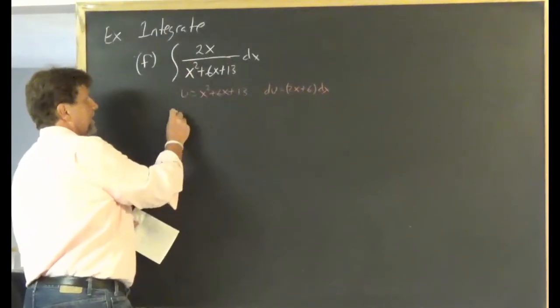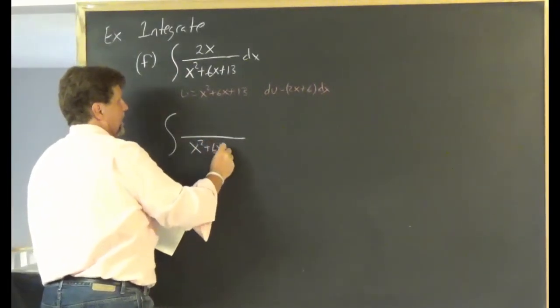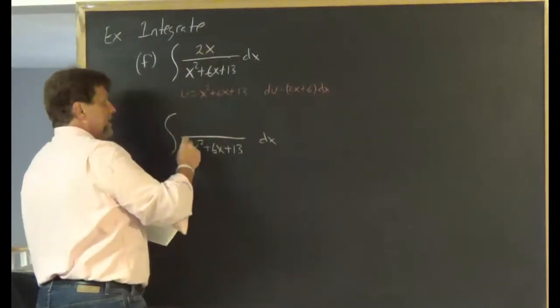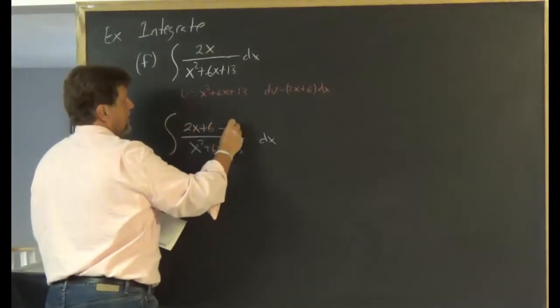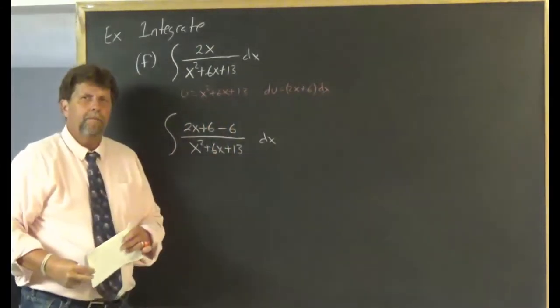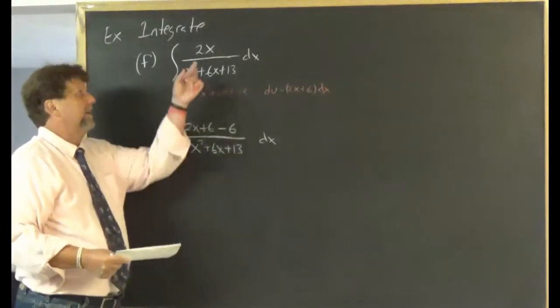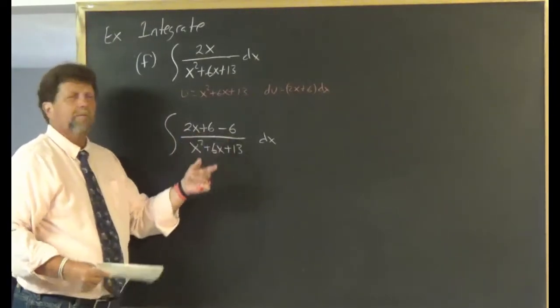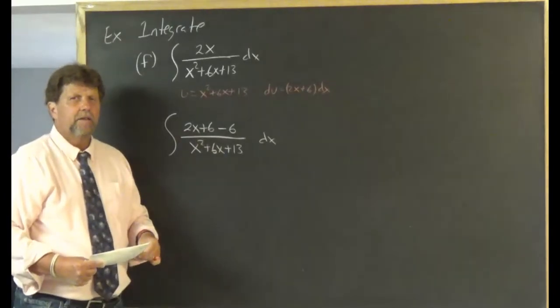Let's rewrite this. The denominator is still x squared plus 6x plus 13. Let's get a plus 6 up there, but I would also have to subtract 6, because I can't just add 6, it's not the same numerator. But if I say 2x plus 6 minus 6, that numerator simplifies to 2x.